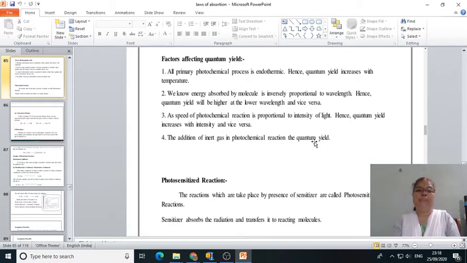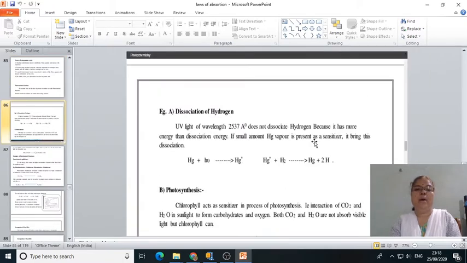For example, the dissociation of hydrogen. Here, the UV light of wavelength 2537 angstrom does not dissociate hydrogen, though it has more energy than the dissociation energy required for the hydrogen molecule, because here the hydrogen molecule is photochemically inactive.